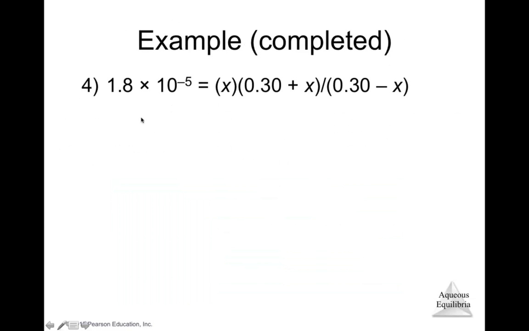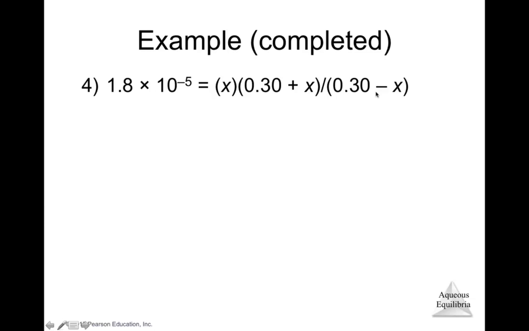So here we have the 1.8 times 10 to the minus 5, the X, that was the concentration of H positive at equilibrium, 0.3 plus X, this is the concentration of acetate at equilibrium, and also the concentration of the acetic acid at equilibrium.